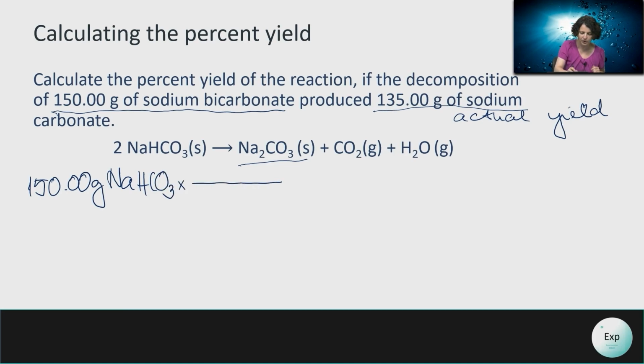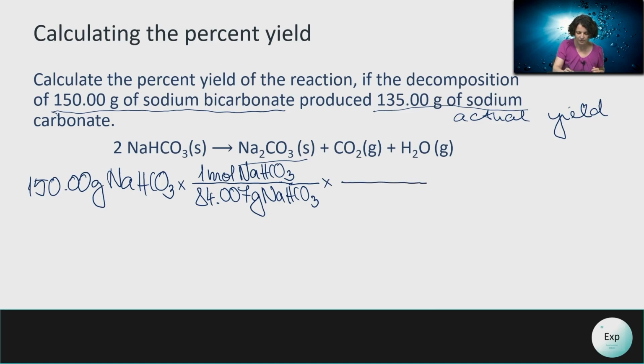In step 1, we're going to convert from grams to moles. Every 1 mole of sodium bicarbonate weighs 84.007 grams of sodium bicarbonate. Then we're going to use the ratio expressed in the chemical equation.